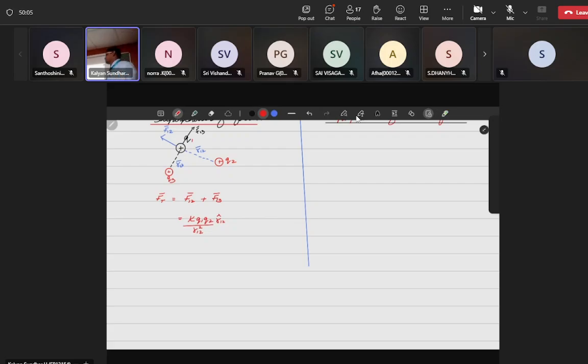So r cap denotes the direction, the unit vector for the direction. So n cap vector is nothing but n vector divided by modulus of n vector. இதான் நீங்க மென்ஷன் பண்ணியிருந்தீங்க. Plus K Q1 Q3 divided by r13 square, r cap 13.